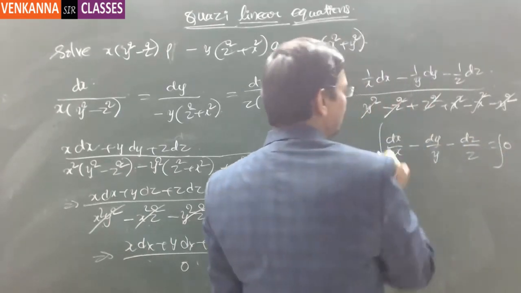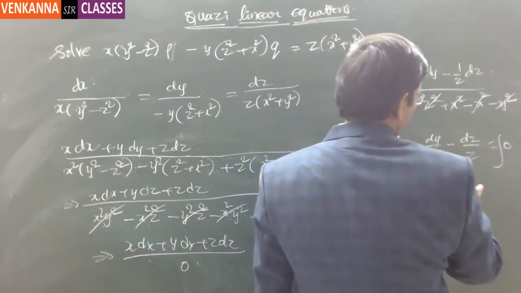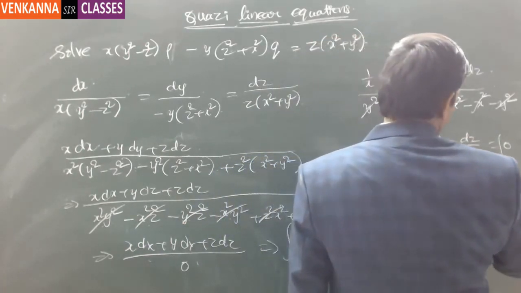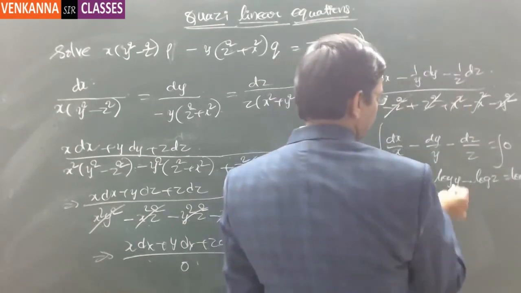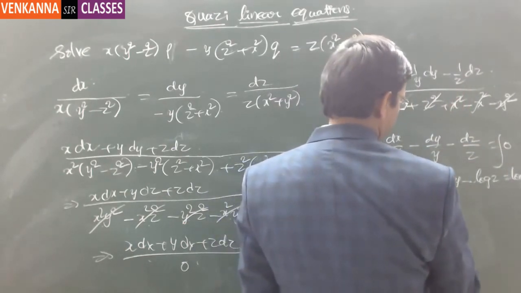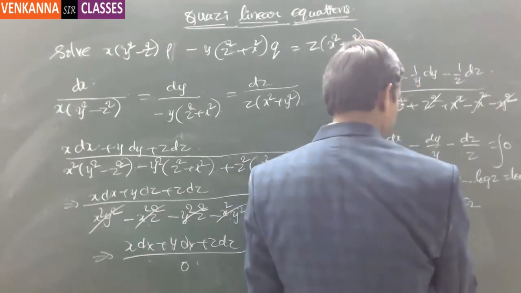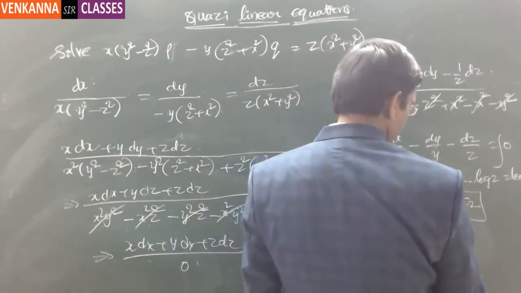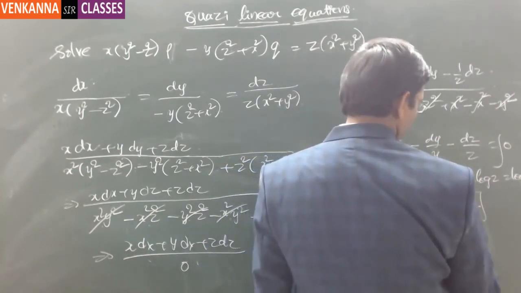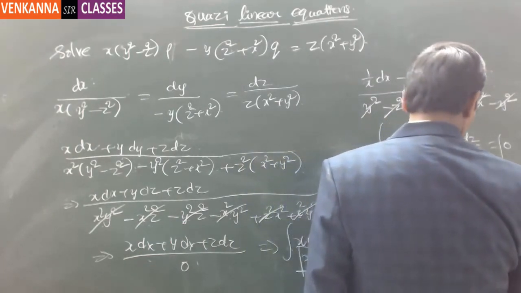Now if you integrate on either sides, log x minus log y minus log z equal to log c. So this is x by yz equal to some constant c2. So the final solution is phi of x square plus y square plus z square comma x by yz equal to 0.